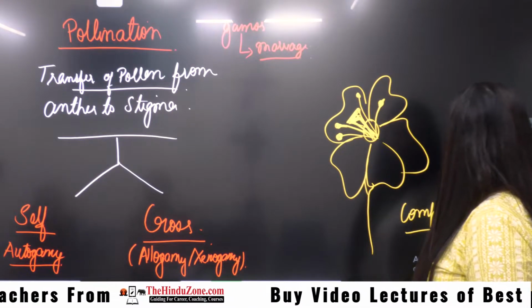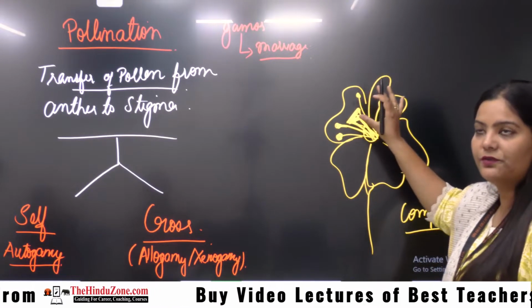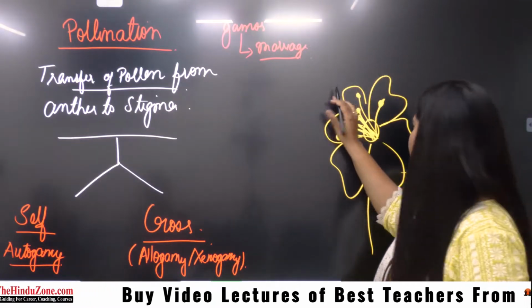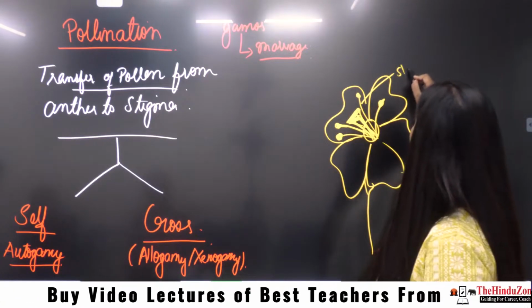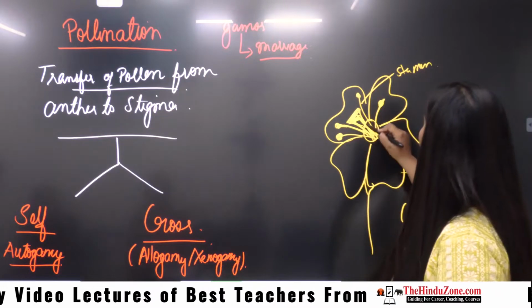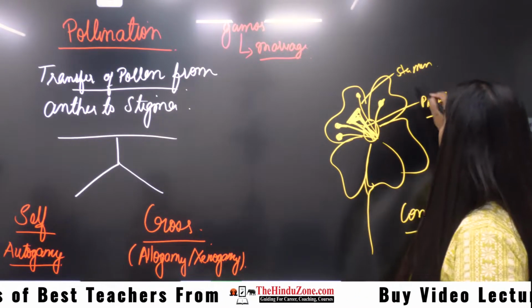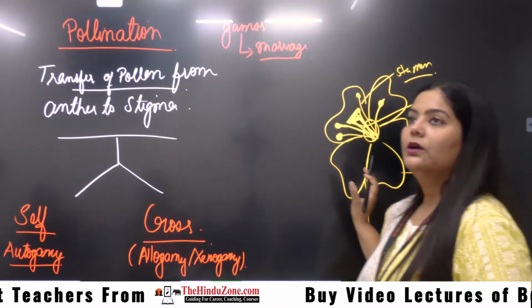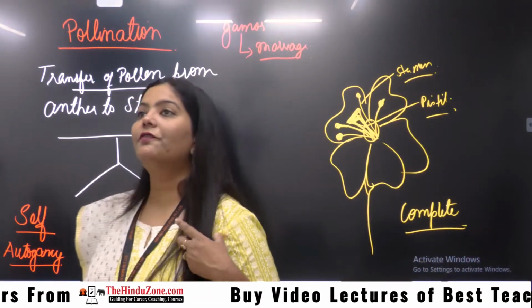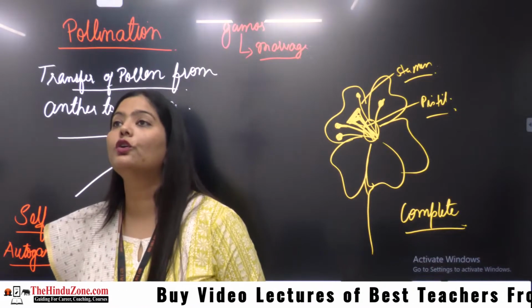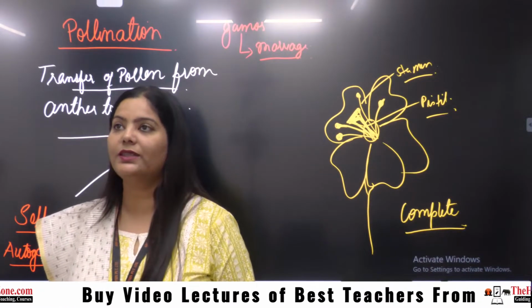And this complete flower has both of its whorls, both of its sexual whorls here, right? Means the stamen is also here and the pistil is also here. Okay? So when a flower has both of its two whorls together.